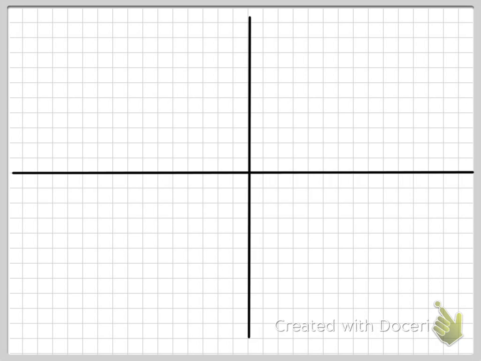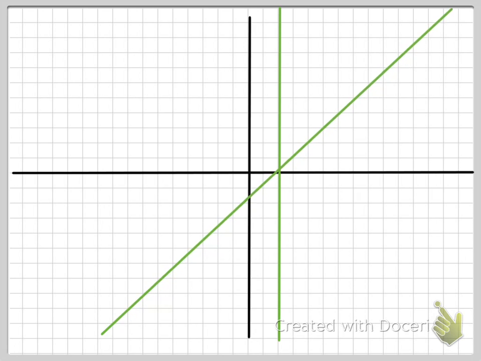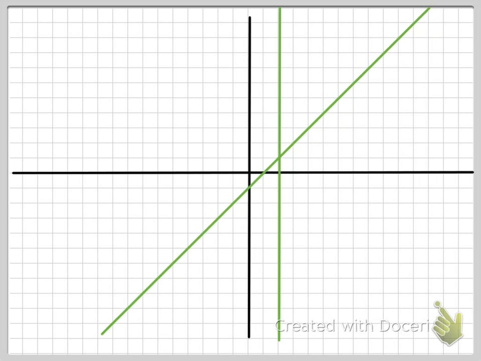Okay. So to graph the function, we have to first state the asymptotes, and the vertical asymptote is at x equals 2, so it's over here, and the slant asymptote is y equals x minus 1.